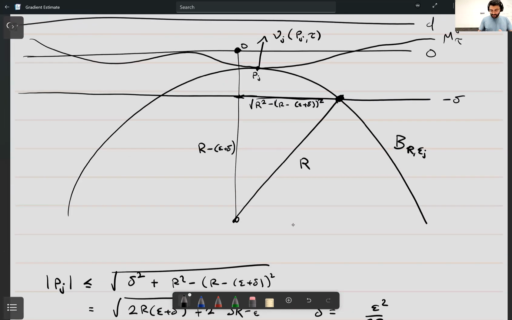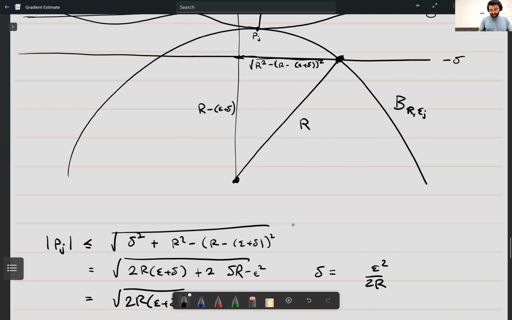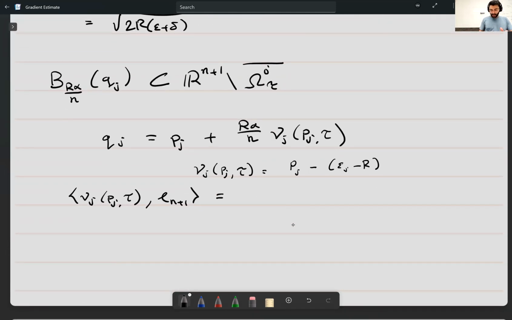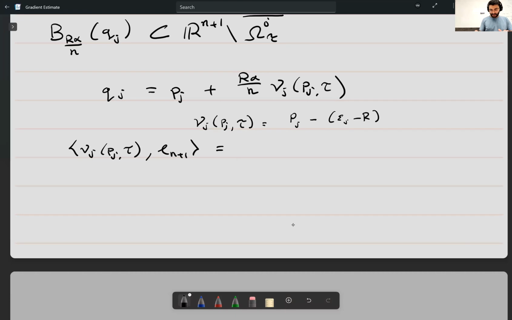I know where the center of that ball is, so I just need to look in that direction. So it's p_j minus this made into a unit vector, equal to this divided by e_{n+1} divided by r.